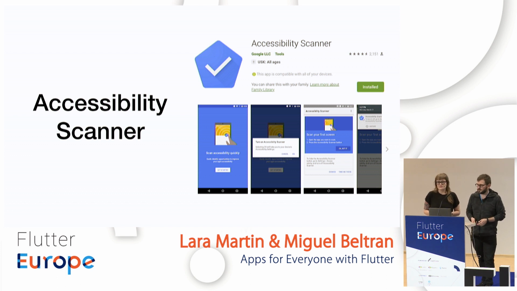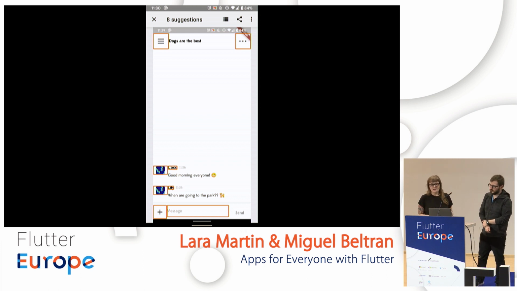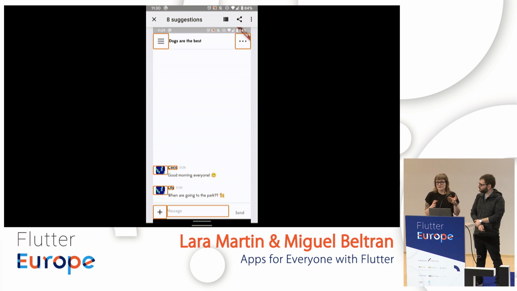So let's run this. When we run the Accessibility Scanner on one of the app screens, this is what we got. We are going to go into detail later on each of these cases and fix them. But I want you to see that in this simple screen, where we have a couple of messages, we already have a lot of work to do.